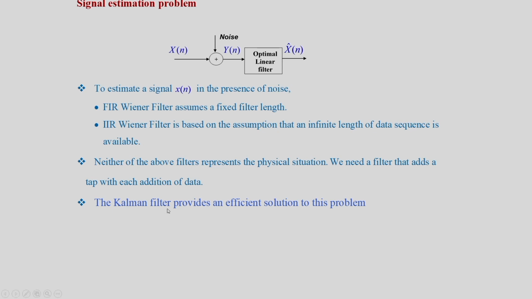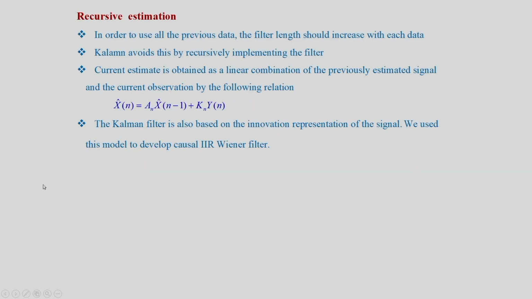The Kalman filter provides an efficient solution to this problem. So, such a filter is based on recursive estimation. In order to use the previous data, the filter length should increase with each data. Kalman avoids this by recursively implementing the filter. So, the filter is recursively implemented.